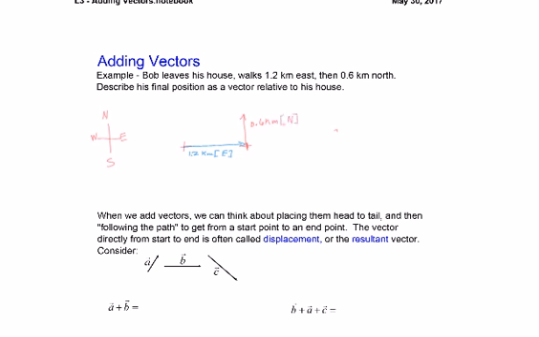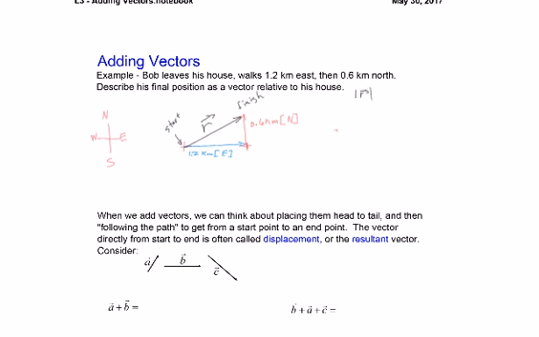Now the resultant vector goes from the starting value all the way to the ending value. And that is our resultant vector. Now, let's compute the magnitude of the actual length.